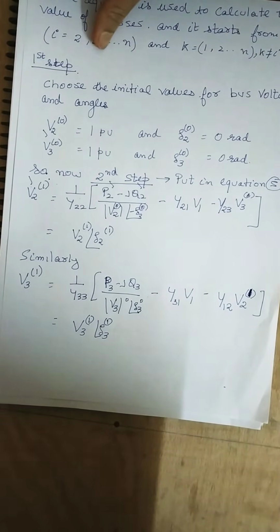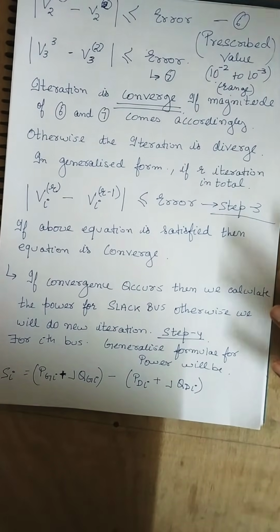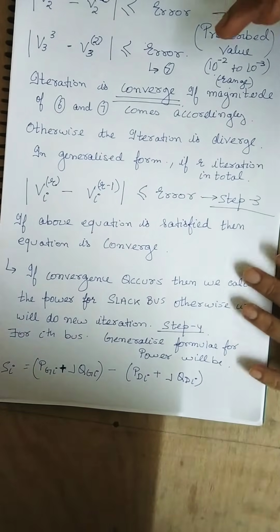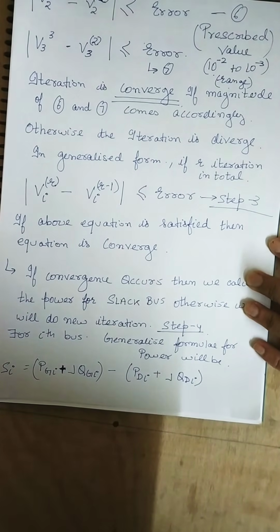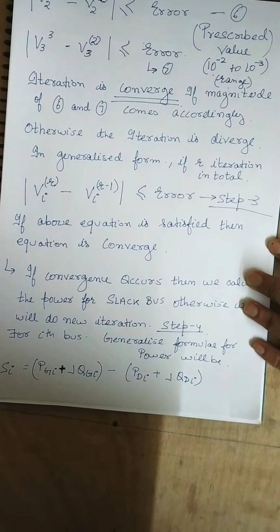Now the question should arise in your mind: till how long will we do the iteration? How many iterations do we have to do? For that we have to consider this. For example, if we have done the iteration 3 times, we will compare the answer of the third iteration and the second iteration.